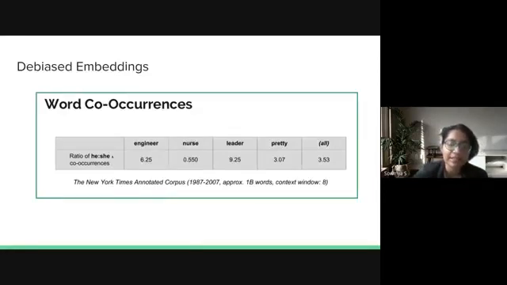We see how he occurs far more with engineer than with nurse, far more with leader than with nurse, and pretty, for example, occurs a bit more than nurse for the he she co-occurrence.